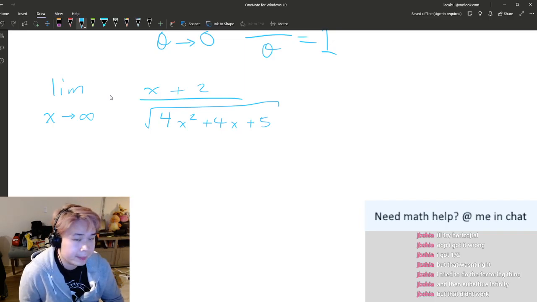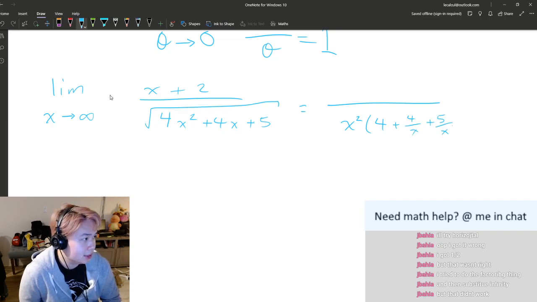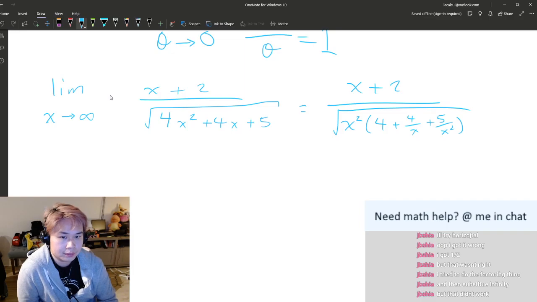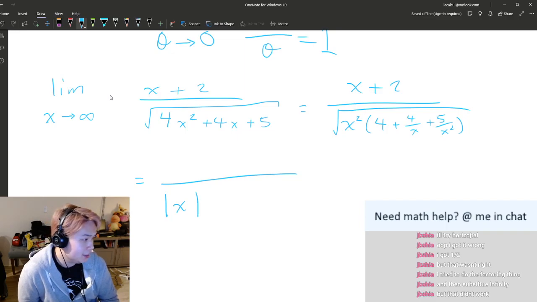Okay, so let's see. First you factor out the x squared. So you get 4 plus 4 over x plus 5 over x squared. This is square rooted. And then you have the absolute value, although that shouldn't change your answer.